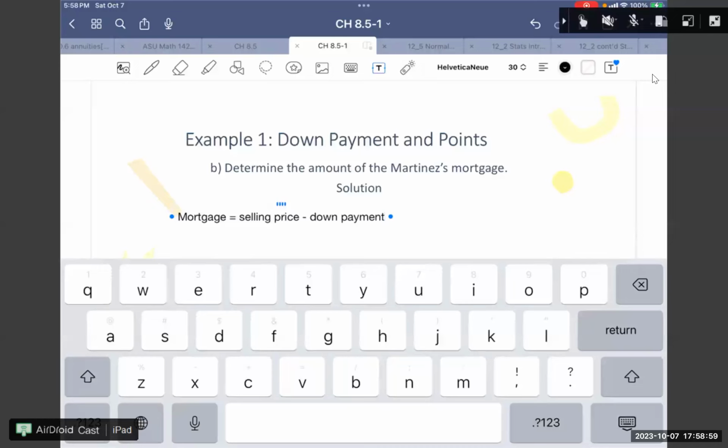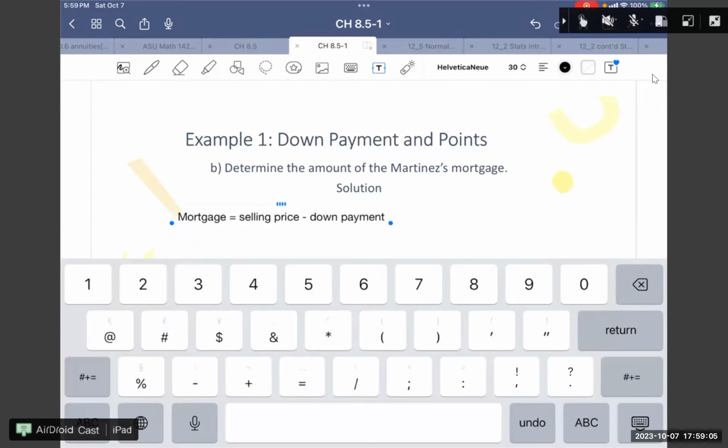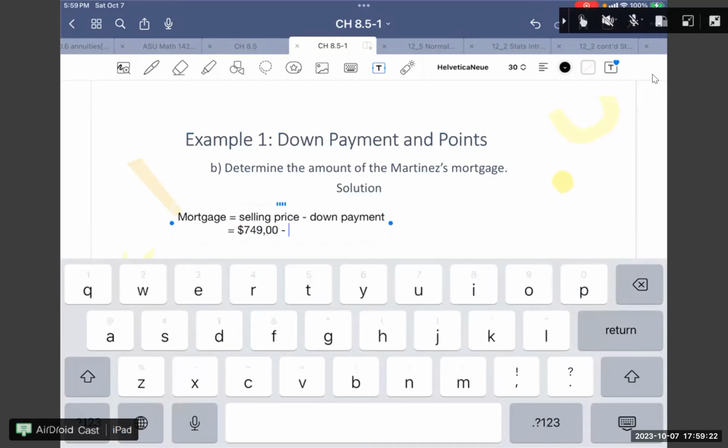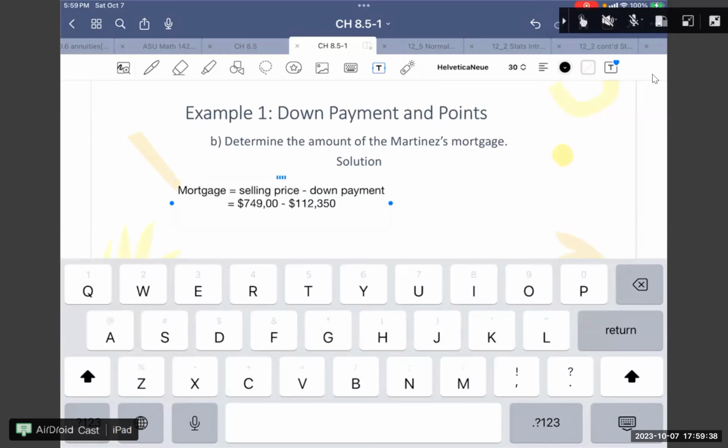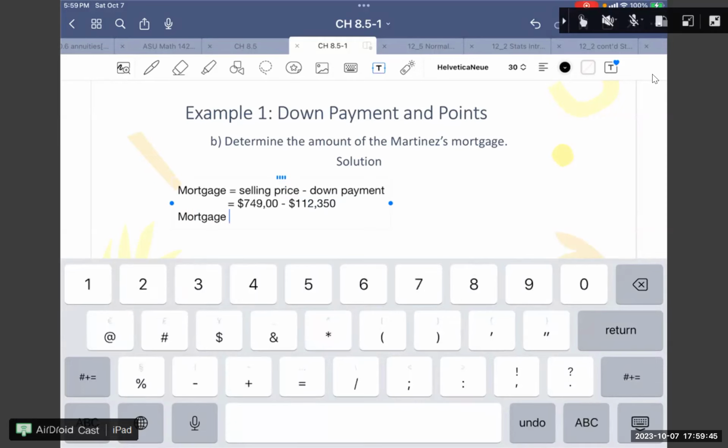So we have $749,000 minus the down payment we already have, that is $112,350.